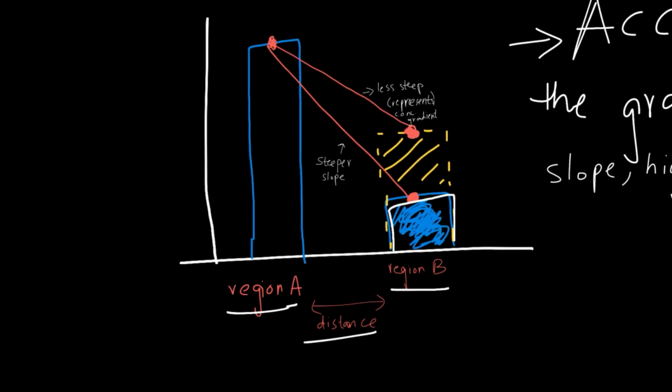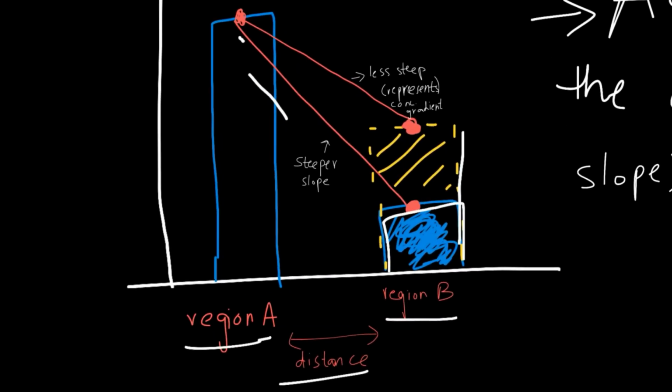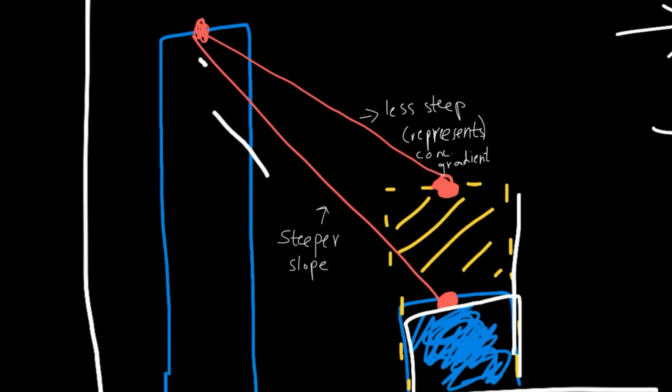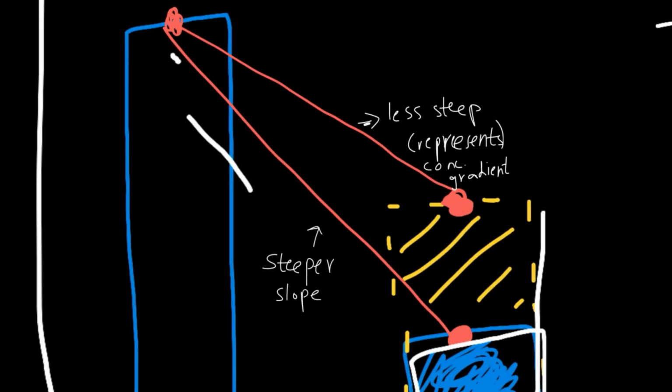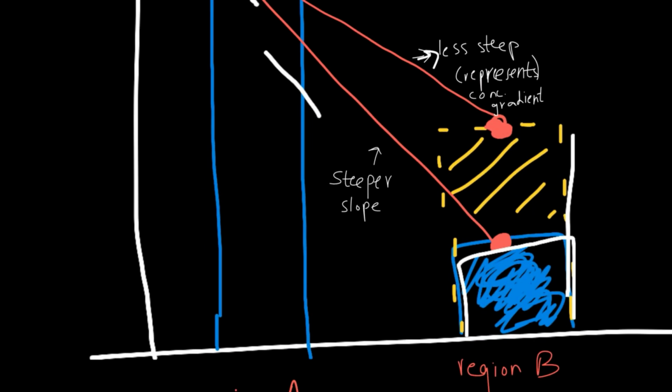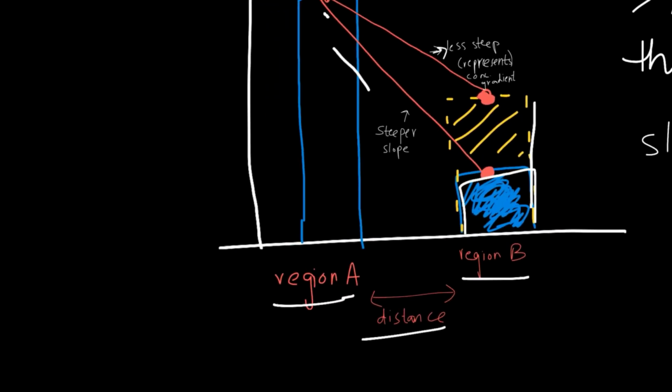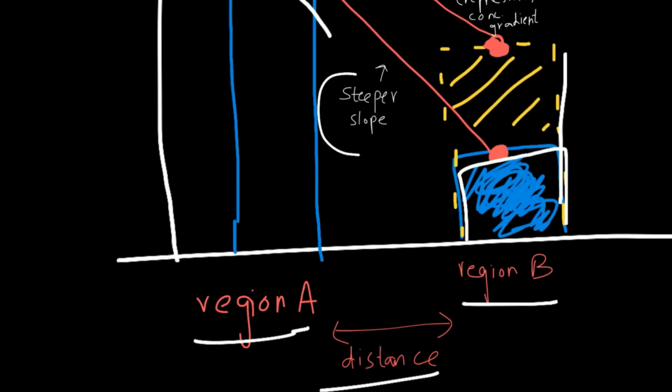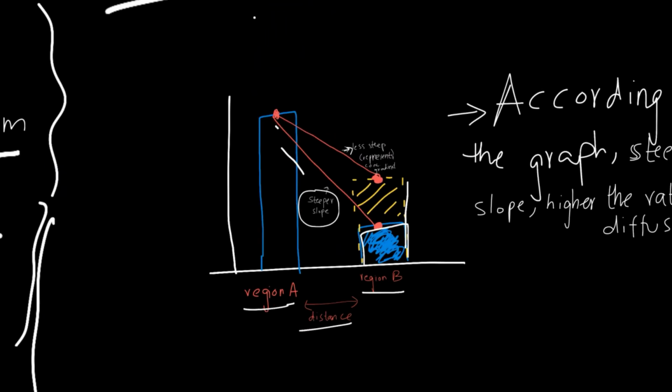So if you see the line that I've made, this line has a less steep slope than when the bar is greater. So this less steep slope represents the smaller concentration gradient, and this steeper one represents the greater concentration gradient. This means the steeper the slope, the greater the rate of diffusion, right?